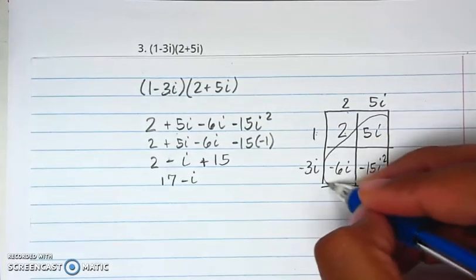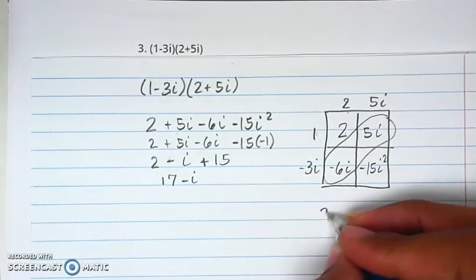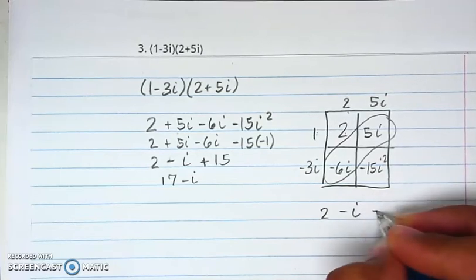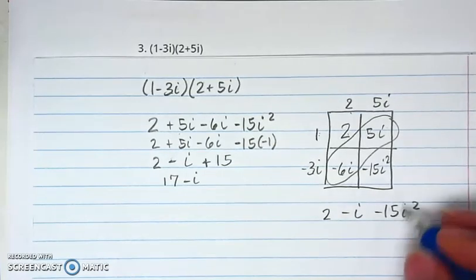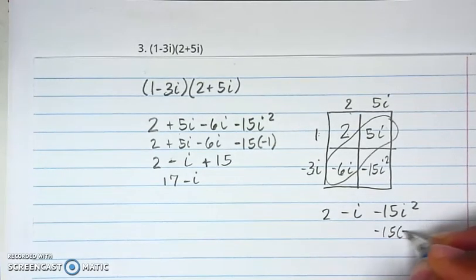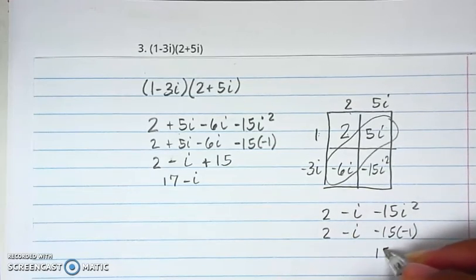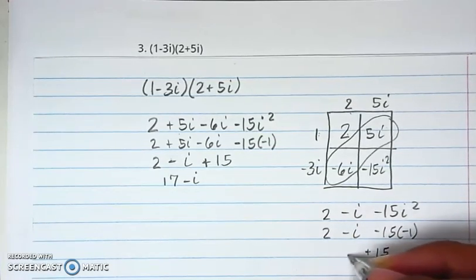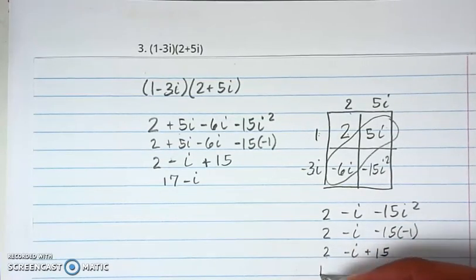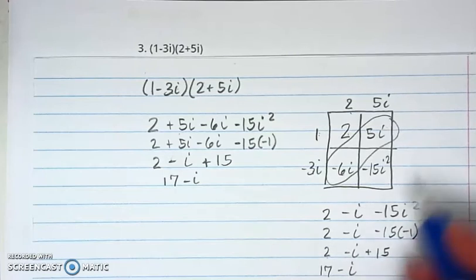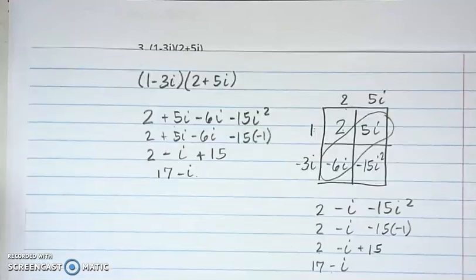Combining like terms, it's 2 minus i minus 15i squared. Negative 15 times negative 1 is positive 15, minus i. And so 2 plus 15 is 17 minus i, which is the exact same thing we got right there.